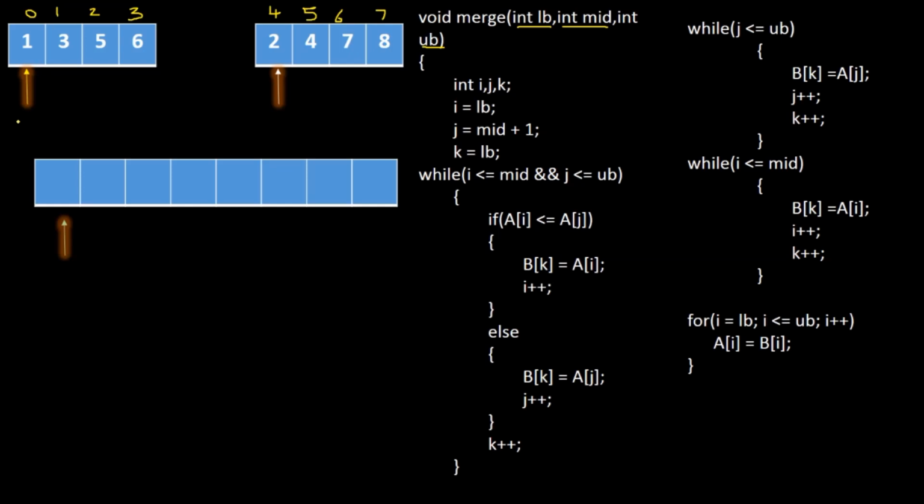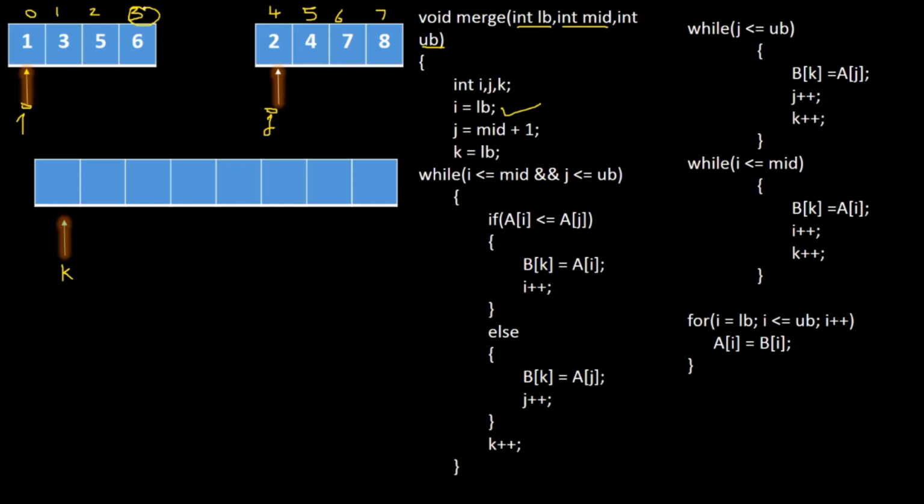Now what I will do, I will take an I variable here, then a j variable here. Then I will take a k variable here. These are my variables. Initially I is nothing but lb. What is lb? lb is nothing but your 0. What is mid plus 1? How much is mid? In this case the mid is 3.